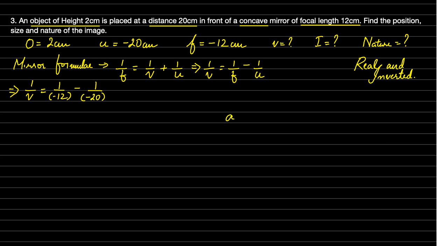That means it is inverted. So our guess was 100% correct. The nature is real and inverted. So we got the position, we got the size, we got the nature. The height and the size are, in light, considered the same. So this is nothing but the size.